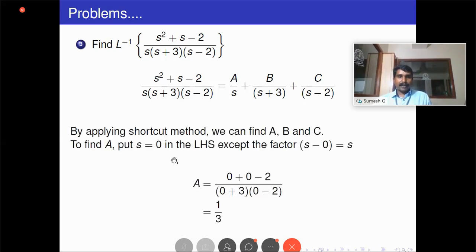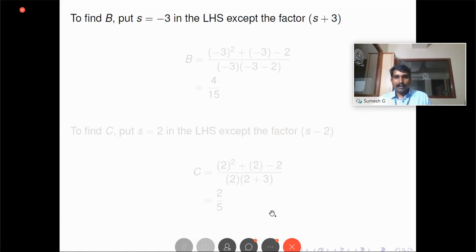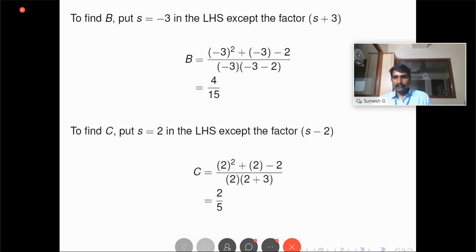To find a, we have to substitute s equal to 0 in the LHS except the factor s minus 0, that means the factor s only. So a equal to, here we substitute s equal to 0. So 0 plus 0 minus 2 divided by (0 plus 3) into (0 minus 2) becomes 1 by 3. b can be obtained by substituting s equal to minus 3 in the LHS except the factor s plus 3. b is 4 by 15 and c is 2 by 5.